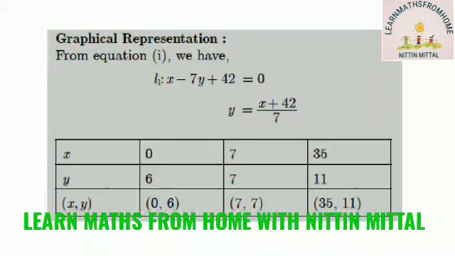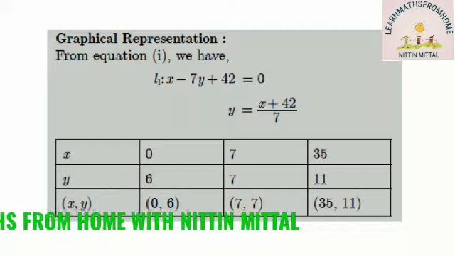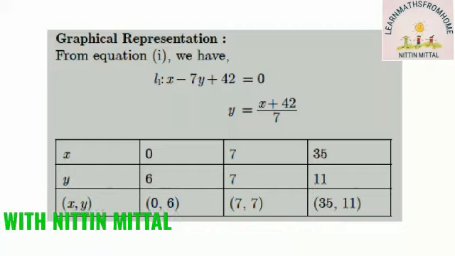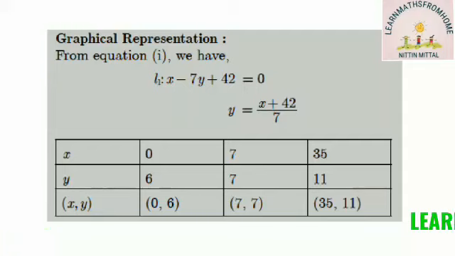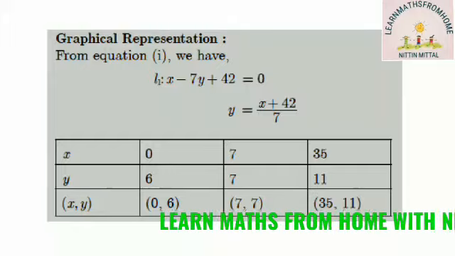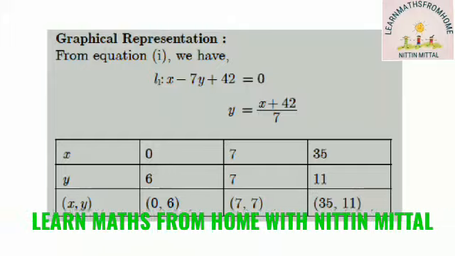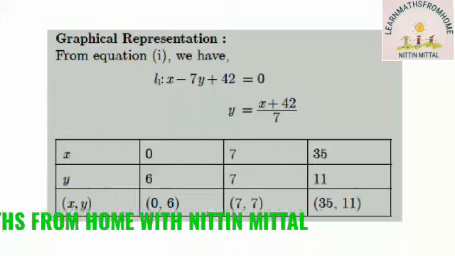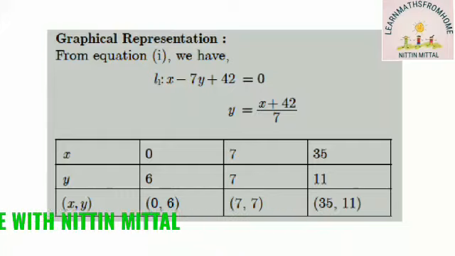Now, to draw the graph of equation 1, x minus 7y plus 42 equal to 0, we will find three solutions. Minimum two solutions are a must, but by making three we can ensure the correctness of our graph. So see, the three solutions are (0, 6), (7, 7) and (35, 11).